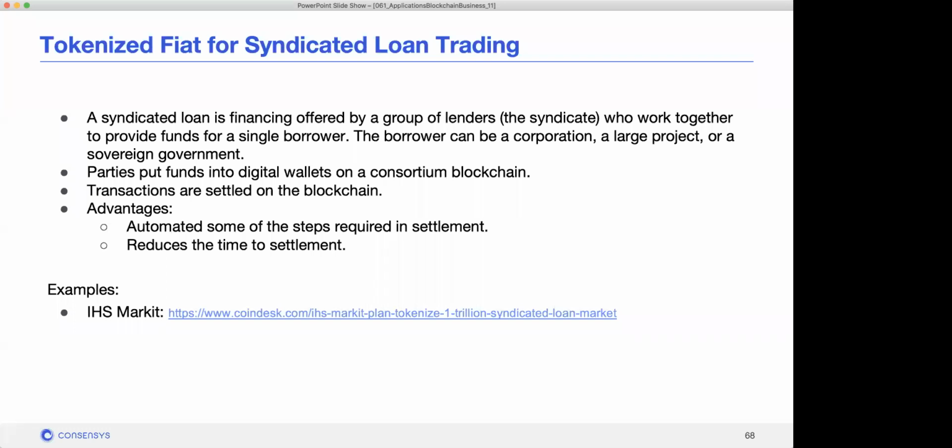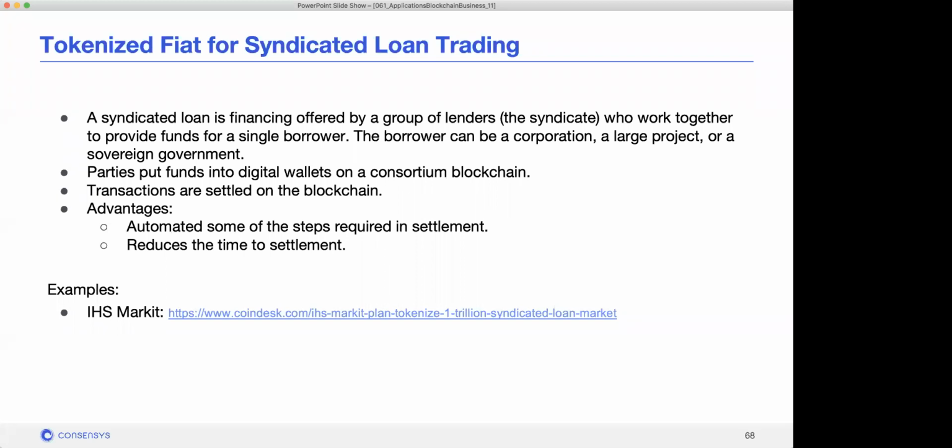Another DeFi application is syndicated finance. You can imagine you've got a syndicate who want to offer money to a large corporation, a large project, a sovereign government. But the individual banks aren't prepared to fund it by themselves.